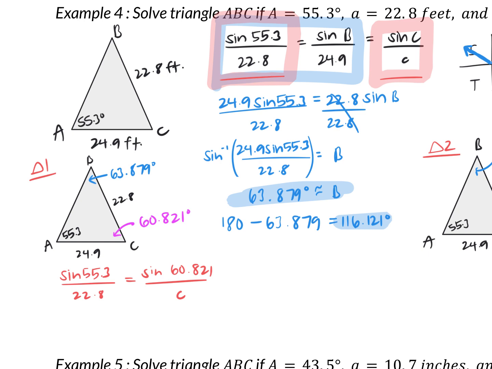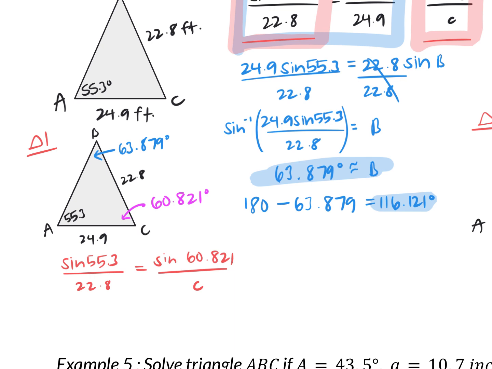Okay, and then from here we just got to solve algebra. We got to cross multiply here and get C by itself. So when I cross multiply, I get C times sine of 55.3 is equal to 22.8 sine of 60.821.